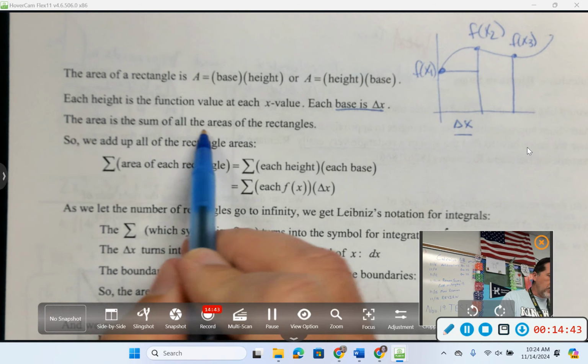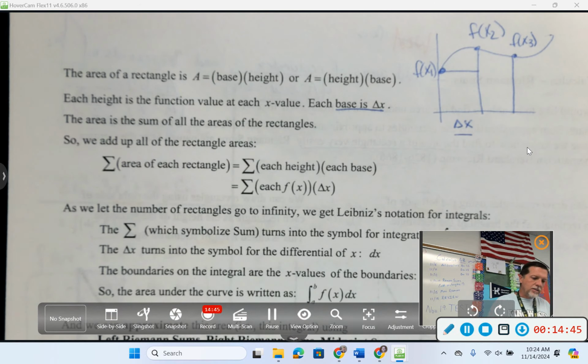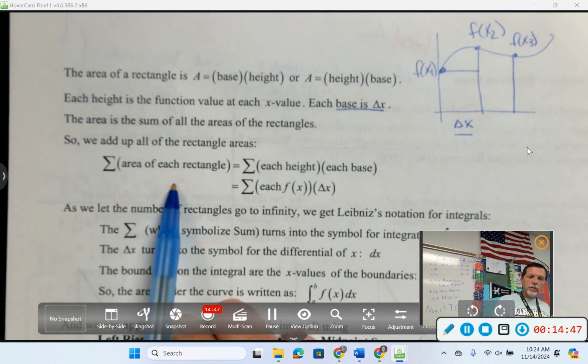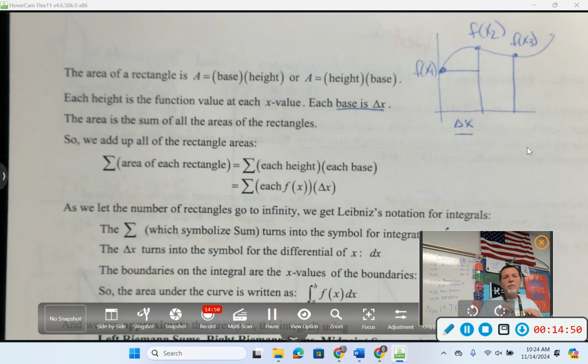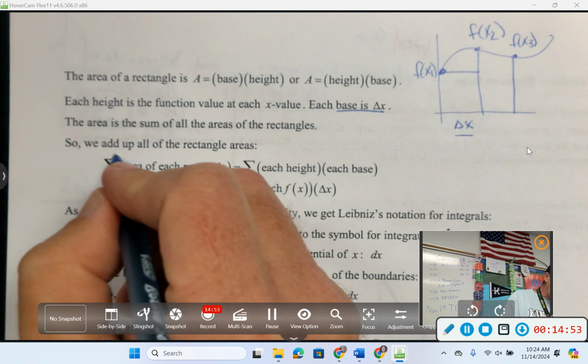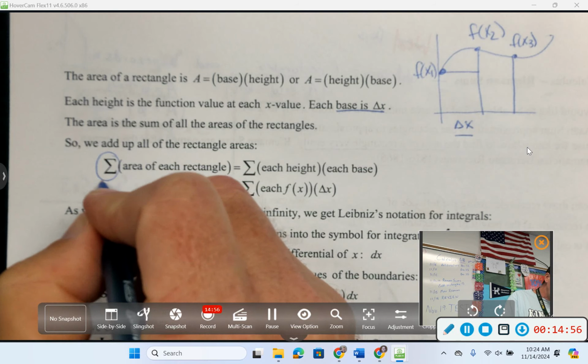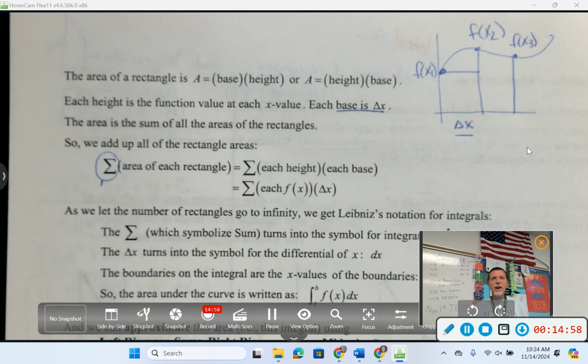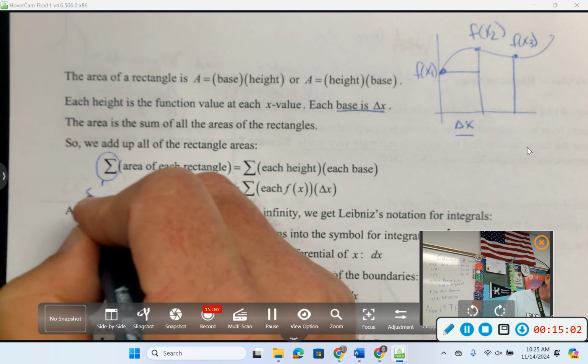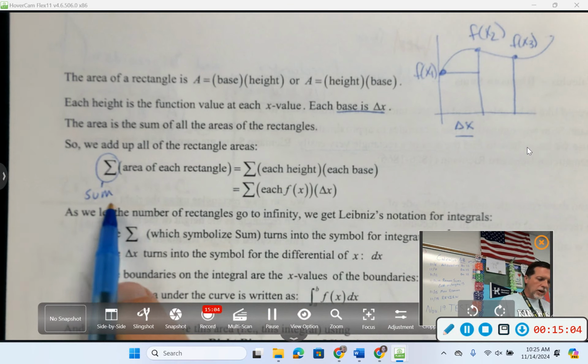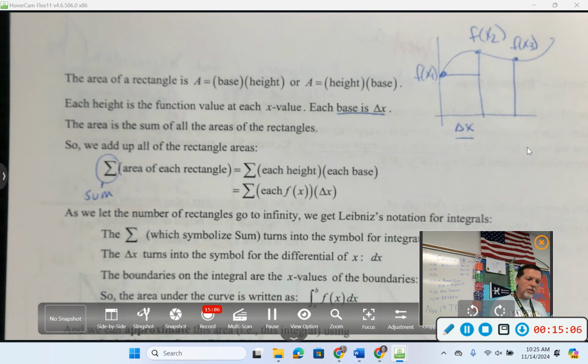The area is the sum of all the areas of the rectangles. So now we introduce some fancy symbols, but remember, all we're doing is adding up the areas of rectangles. Right? You remember what this symbol means back from pre-cal or algebra 2? Summation. That's a sum symbol, so that just says we're going to add up each of the rectangles.